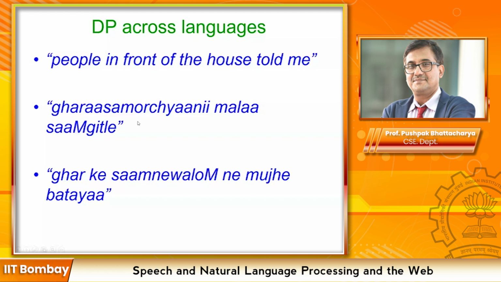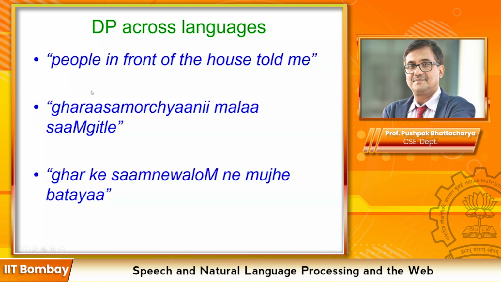People in front of the house. Okay, now people is an interesting introduction here. It is not there in either Hindi or Marathi. But English cannot be without it. English is a subject-compulsory language. Okay, it needs a subject compulsorily, mandatorily in the sentence.